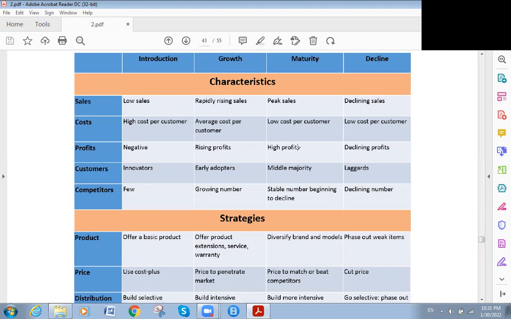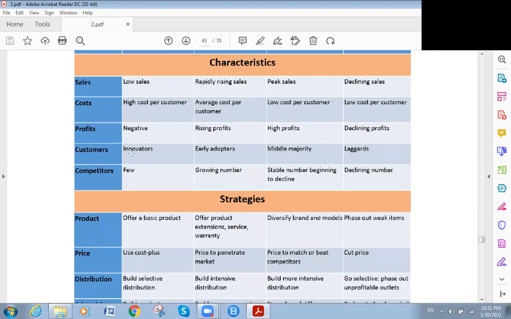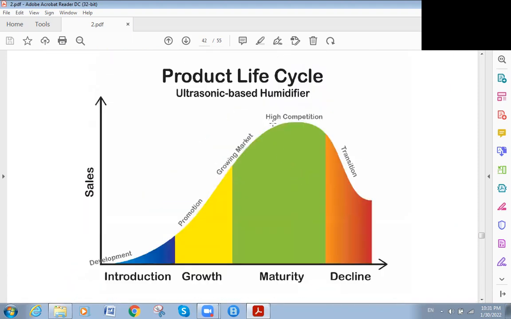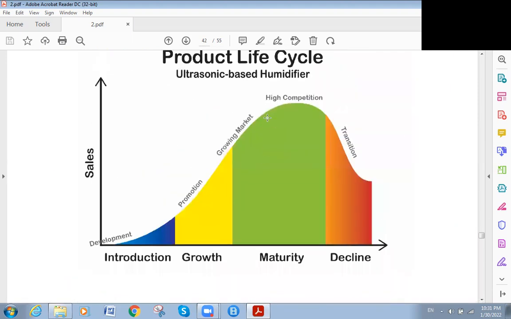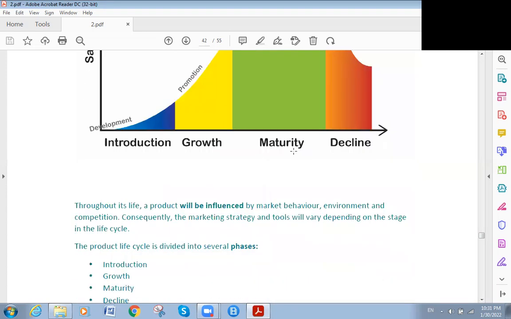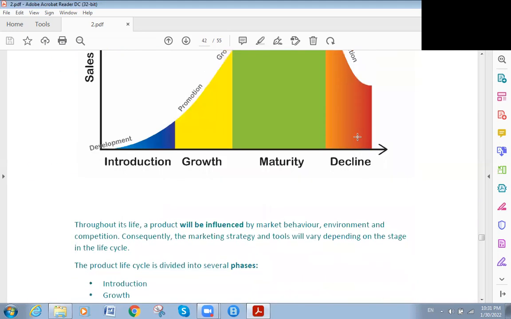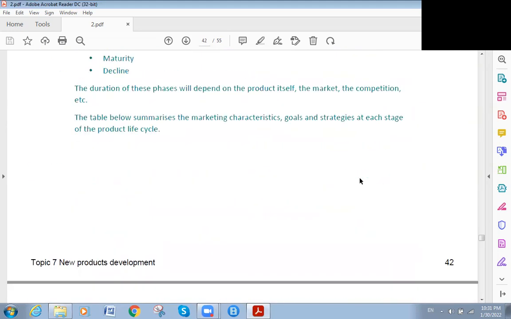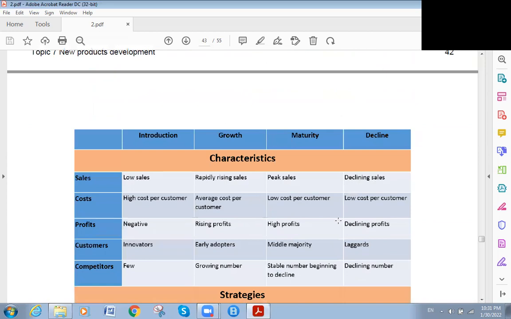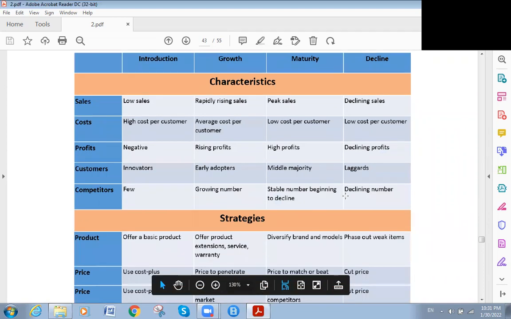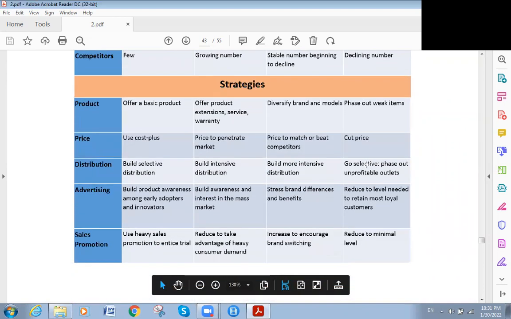High profits here because you are selling so much, a middle majority of customers, then stable numbers beginning to decline. You are preparing yourself to decline in this area. In the maturity area, you start to feel the decline. The decline area, like we said, or the going down area, has declining sales, low cost per customer, declining profits, laggards, and declining numbers.